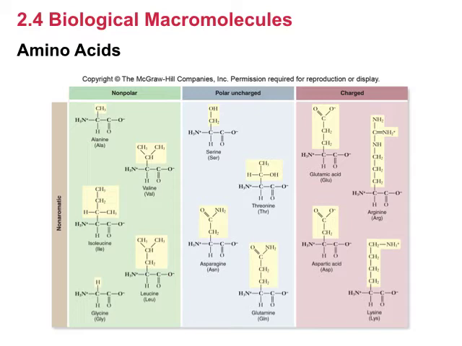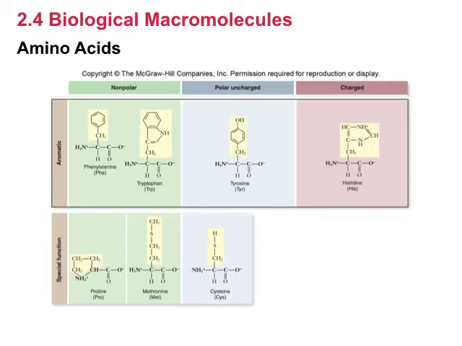And these are all amino acids that are non-aromatic, which means they don't form a ring structure. On the top here, you have amino acids that do form rings, and they're called aromatic. And you have nonpolar, polar uncharged, and charged amino acids. And then you also have a few amino acids that have special functions. So this is just to give you the understanding that amino acids have different properties based on their functional groups, right? Those groups in this case that are highlighted in yellow.